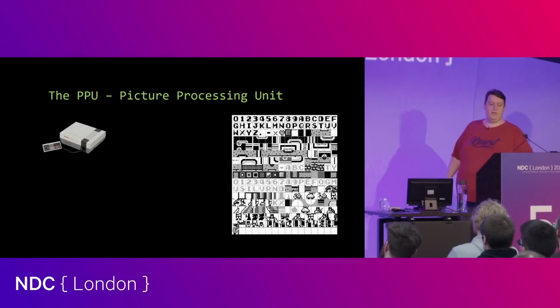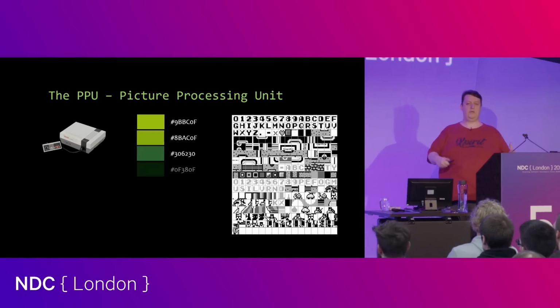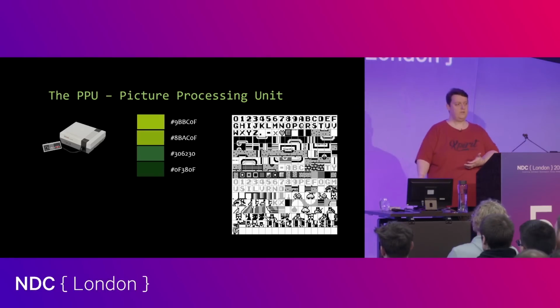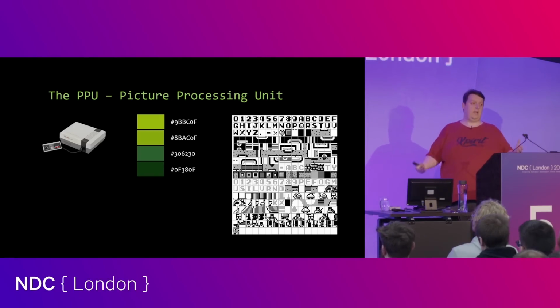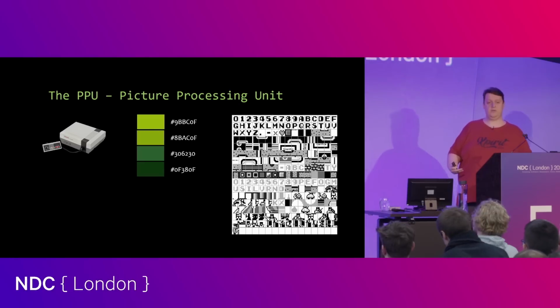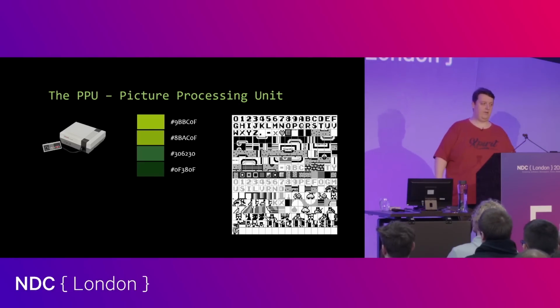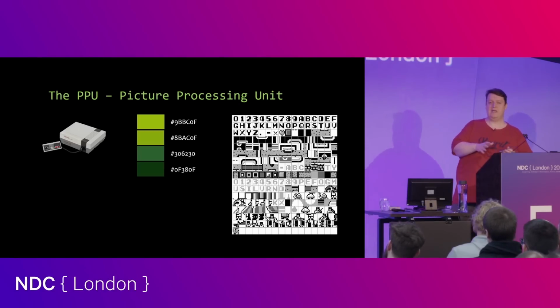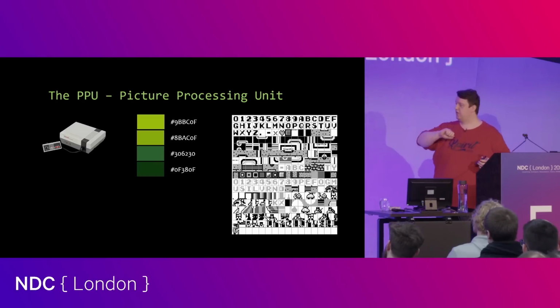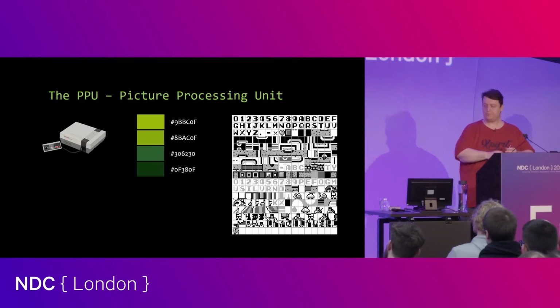And when they put it in the Game Boy, because they don't have that much power to work with, and it also needs to run on 4 batteries instead of on AC power, they had to limit the capabilities of the picture processing unit, which results in only having 4 shades of gray. But because the screen is originally a greenish LCD, you get these lovely shades of green instead.